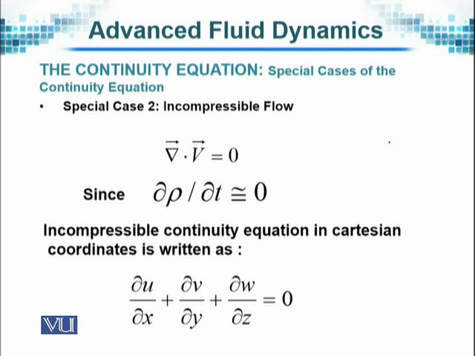If it is incompressible, it means that there is no variation in the density of the fluid, for example if the fluid is air or gases or anything of that type, then there will be no change in the density, and therefore the derivative of rho with respect to time will be 0 anyway because it's steady, and at the same time the effect of the divergence vector on rho will be 0, and therefore this equation, divergence of rho v, is then written as simply this.